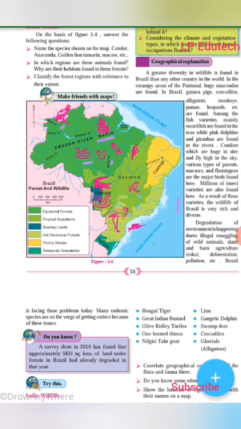Similarly, anaconda and other reptiles are also found here. This is because these forests lie near the Amazon river basin, this much area. Also, the equator passes through the northern part of the country, and it receives heavy rainfall throughout the year, and hence the climate is hot and humid.